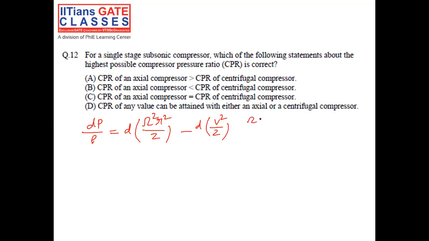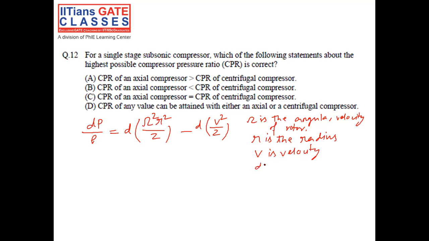Here omega is the angular velocity of the rotor, r is the radius, and v is velocity, and of course dP is the pressure rise across the compressor.